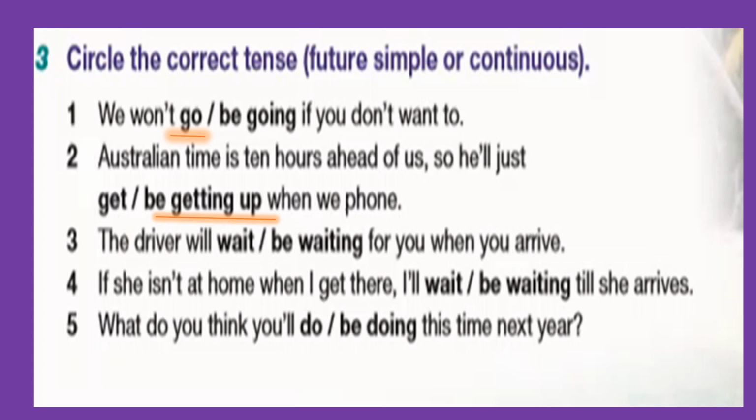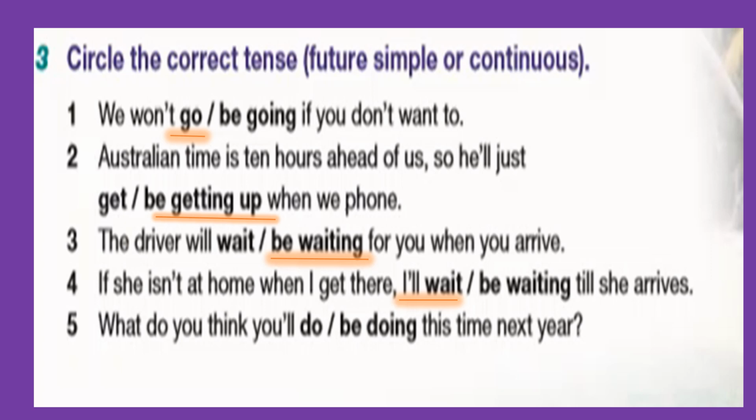Number 3, the driver will wait or be waiting for you when you arrive. So the driver will be waiting. Number 4, if she isn't at home when I get there, I'll wait or be waiting till she arrives. I will wait, because we have till.